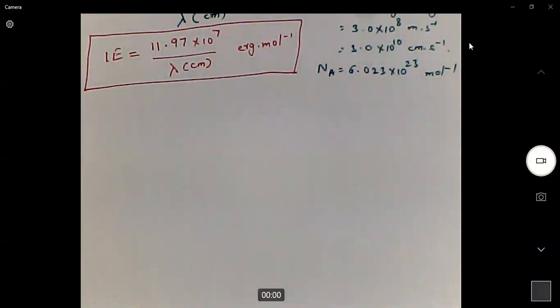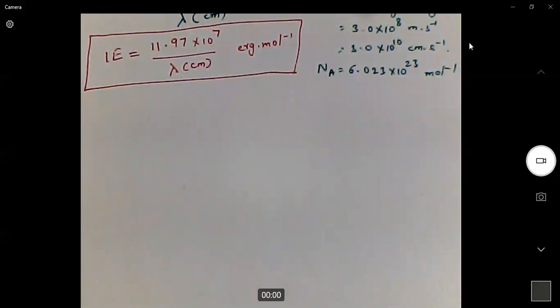So we have learned that 1 Einstein of energy is nothing but 11.97 into 10 power 7 by lambda ergs per mole. The only thing is we don't know lambda, so whenever the lambda value is given, we need to convert it to centimeters, then substitute in this simplified formula so that we get the answer.